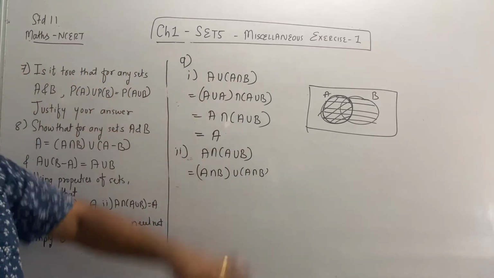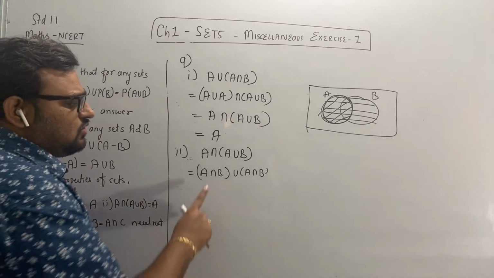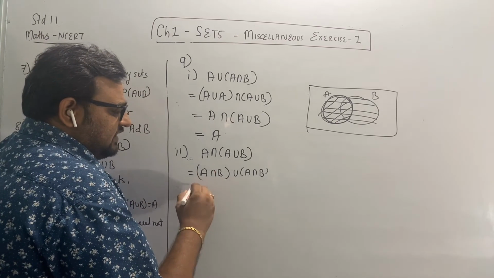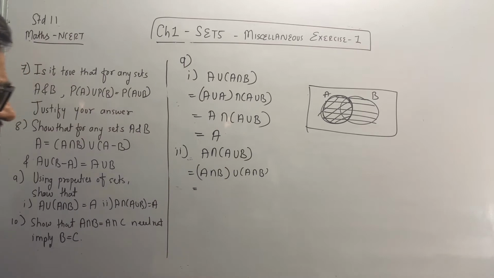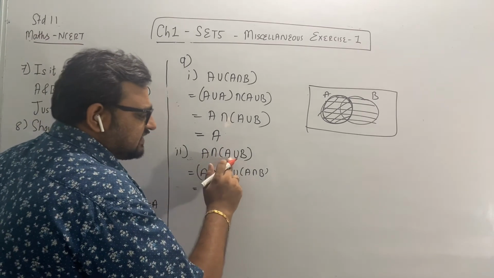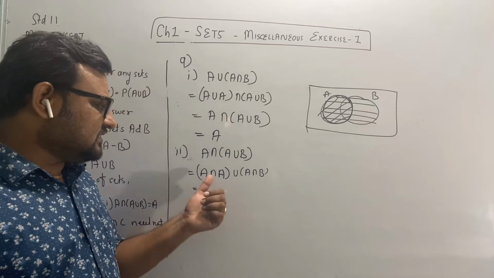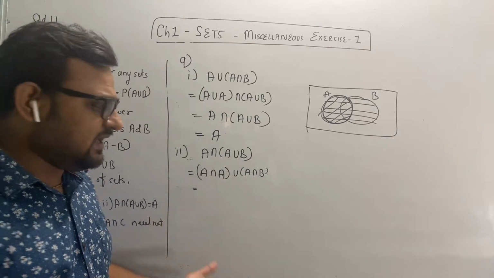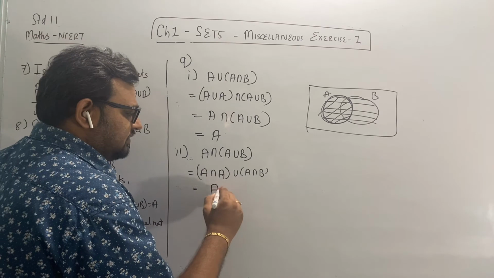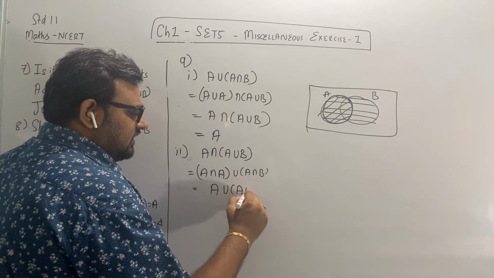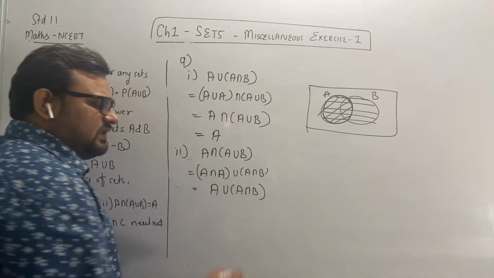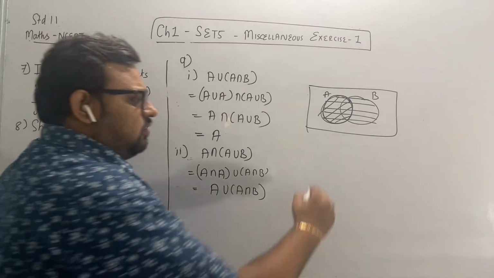This was union over intersection. Just a minute, my mistake. It's A intersection A, not B. So if I take the intersection of a set with itself, it will be A union A intersection B.